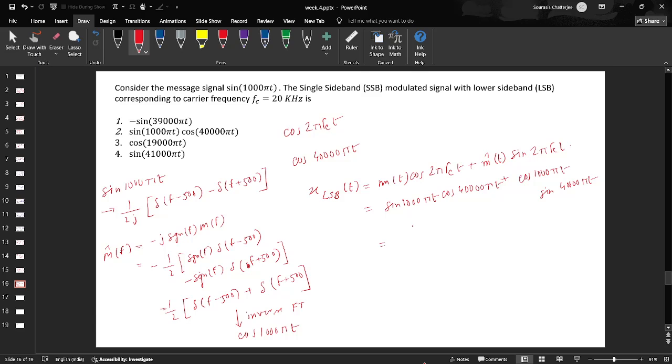Now this is sin a cos b plus cos a sin b, which means I have to put sin(a−b), right? That is sin((1000−40,000)πt), that is −sin(39,000πt). Minus comes into the picture because sine of minus is minus of sine. So the first one is the correct answer for me.